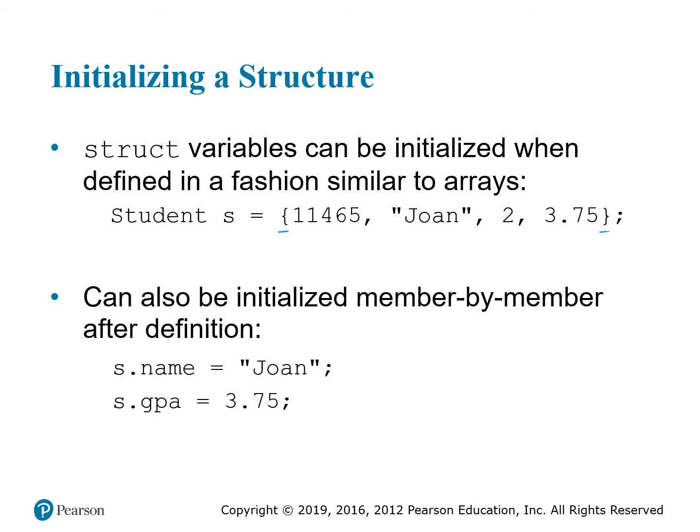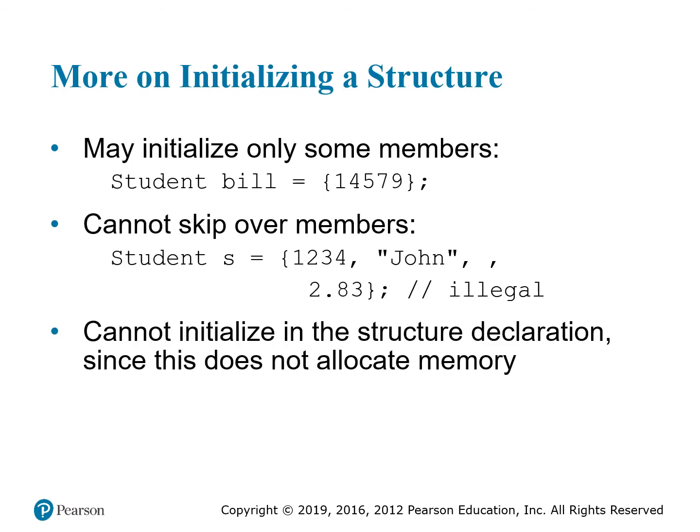I couldn't take this student ID and decide to initialize it after the name. That would not work. If student ID was the first variable I declared in the struct, it has to be the first thing that I initialize in my initializer list.